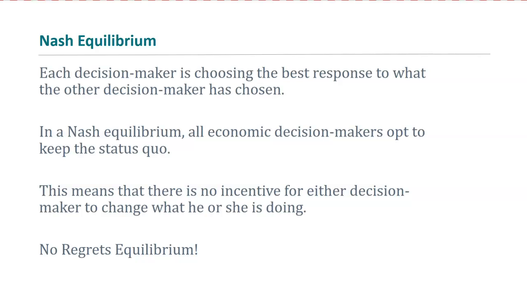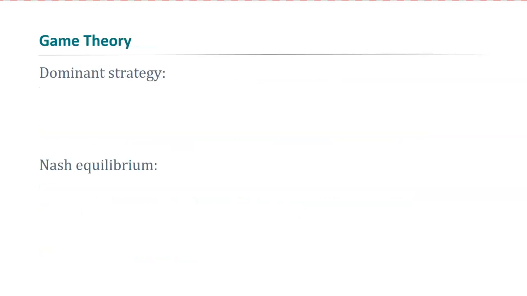Or do you regret what you did? Right? And if both players are glad they did what they did, if no one has any regrets, now that they've seen the cards, then this is a Nash equilibrium. Right? So how do we get to a Nash equilibrium?